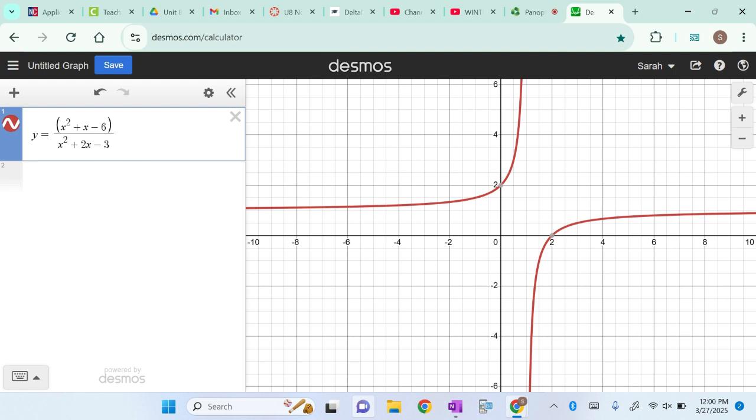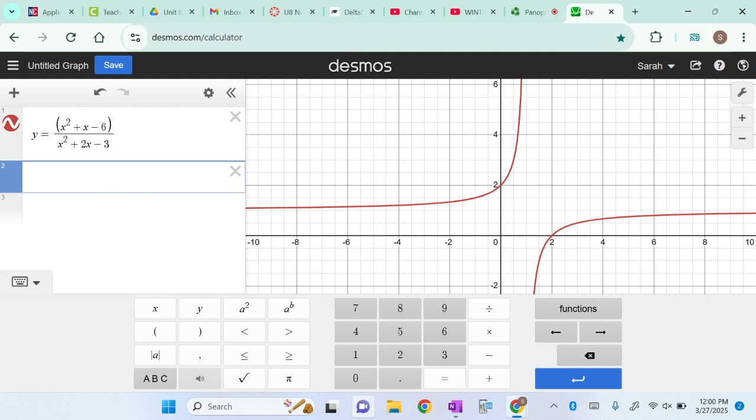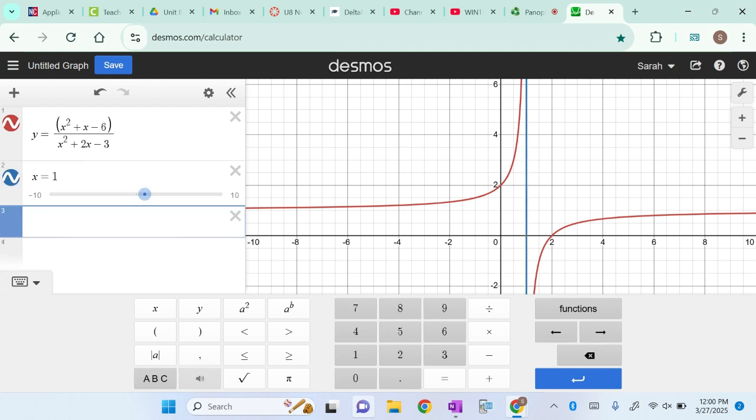Now, just for funsies, I'm going to show you where the vertical and horizontal asymptote is. So I said my vertical asymptote was where for this graph? X equals 1. So I'm going to graph x equals 1. It would help if I actually put the x. And then my y, and then my horizontal asymptote was where?